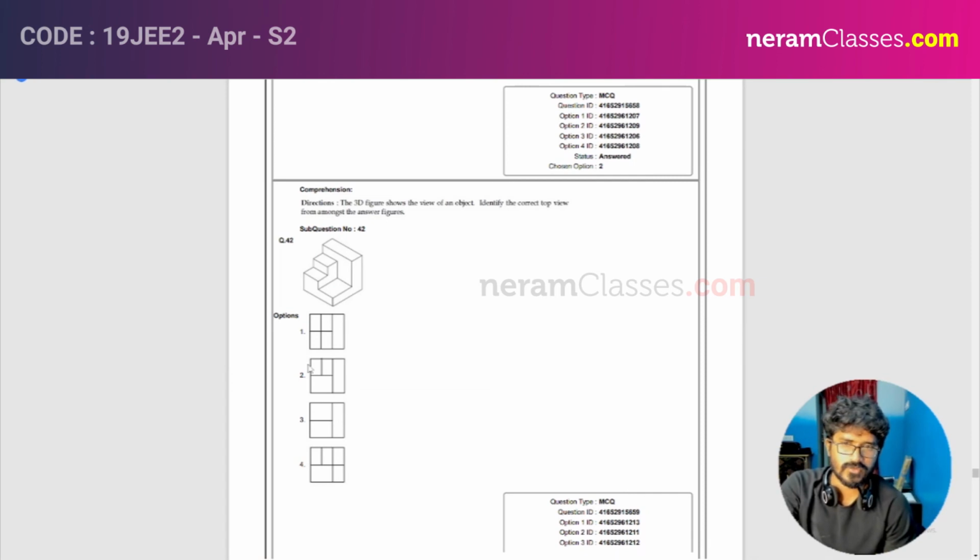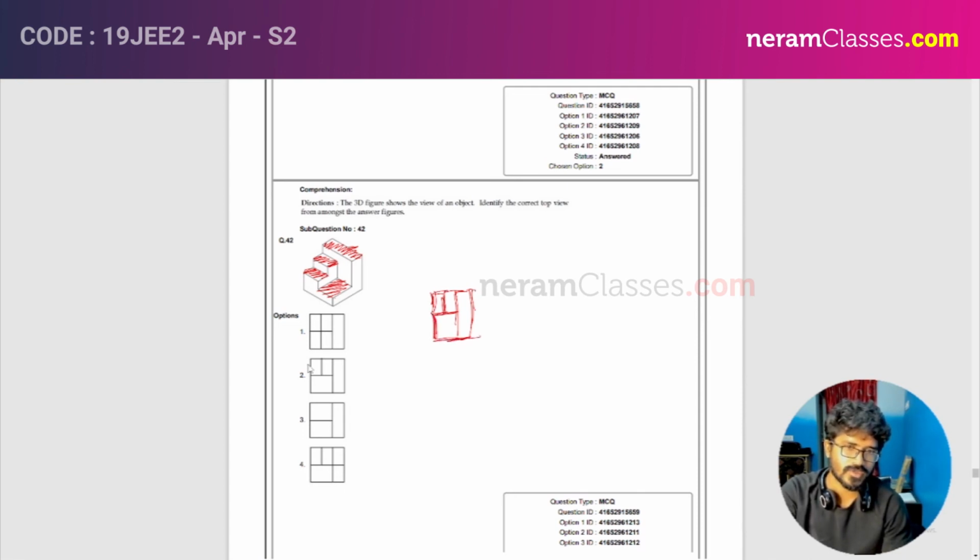So question number 42 is we need to find out the correct top view for the given 3D solid. So I'll shade out the portions which will be visible from the top view. So these are the portions. So I'll start from here. So on the right side there will be a rectangle which is this one, and this small rectangle is in the exact midpoint, so it will be attached like this, and there is one more small rectangle which is the same as the previous one, but the height is differing, but it will not be seen in the top view.